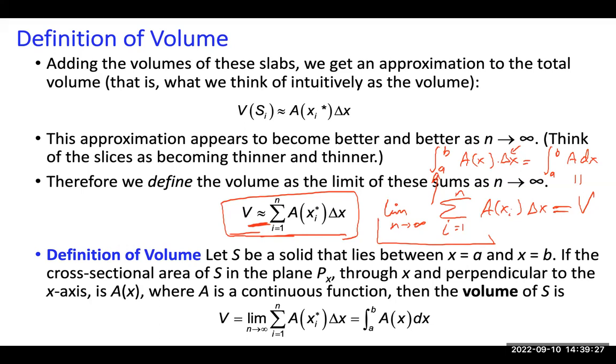Another way of writing that is saying the volume is equal to the integral of the area multiplied by delta x.